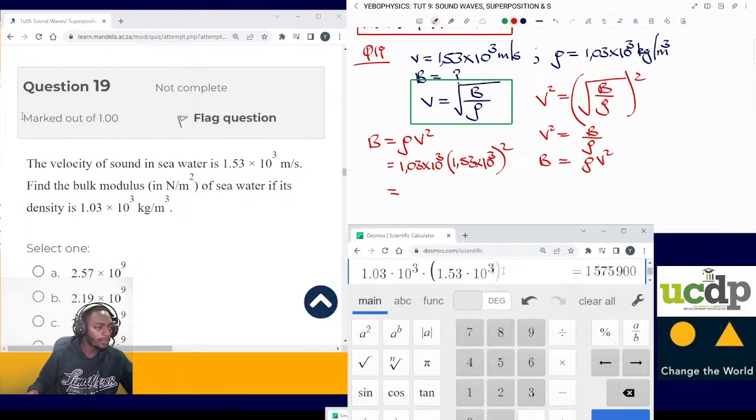So we're now substituting, remember to square that, so we get 2.41 times 10 to the power of 9.